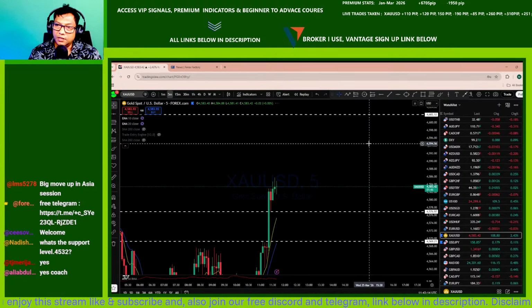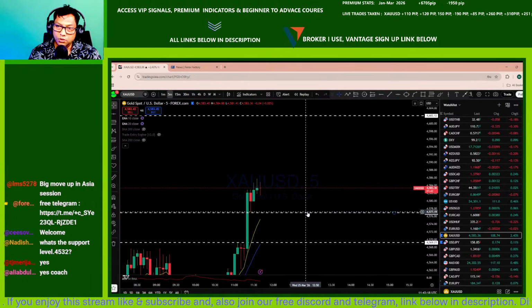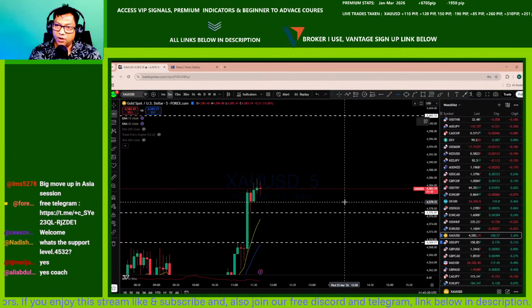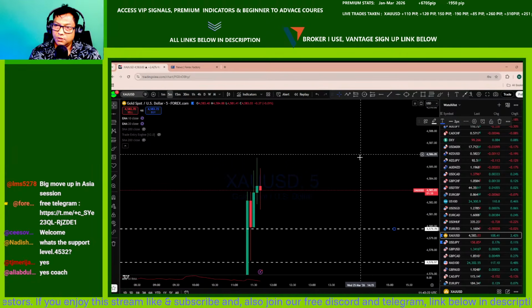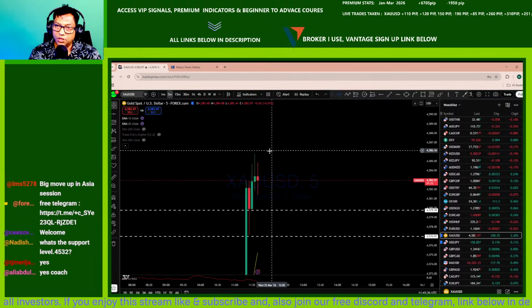And this is a narrow zone, which is an important area of value, and we are looking at that zone for the market to eventually break above.